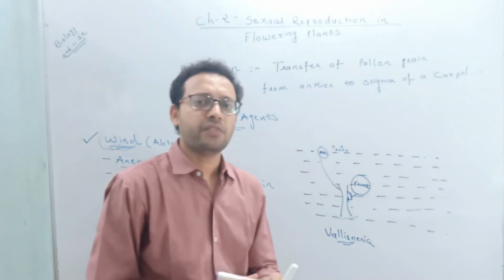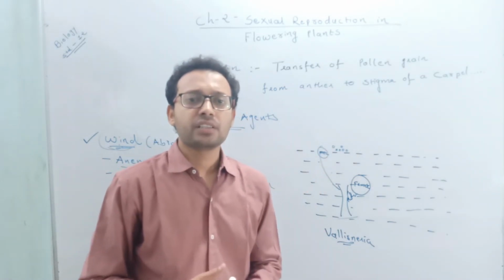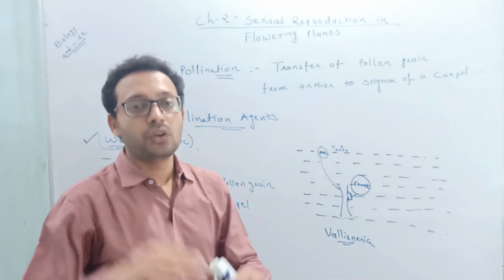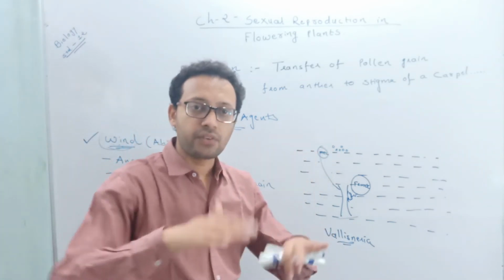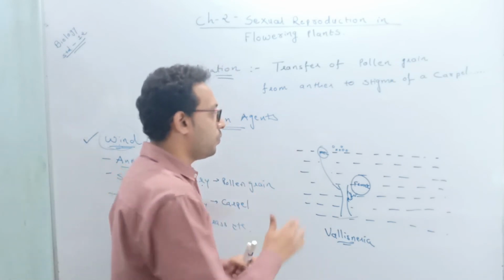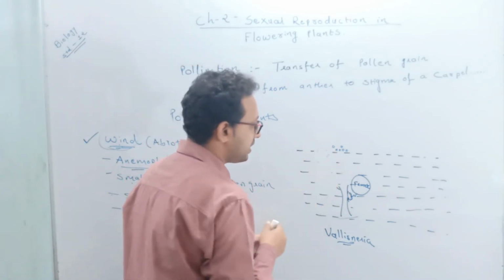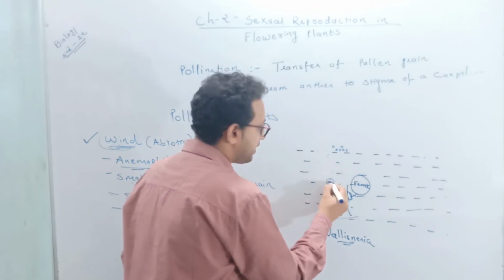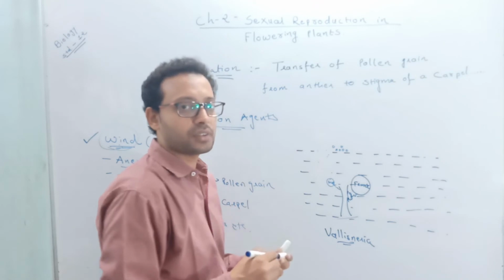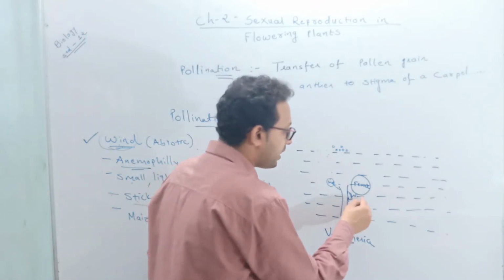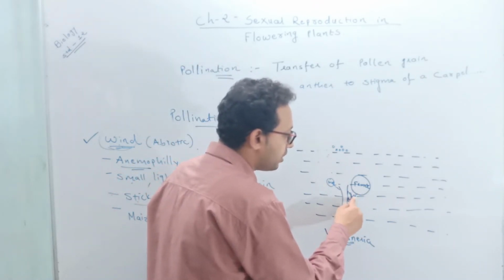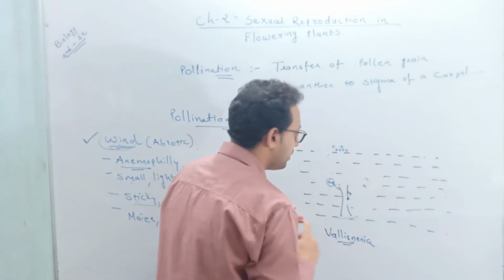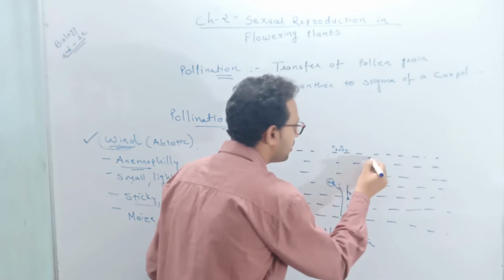The pollen grain is very light in weight, so obviously it flows on the water surface. These pollen grains are lighter, so they can easily float. Now the female flower has a long and highly coiled stalk, so the stalk becomes uncoiled and the female flower goes to the surface.